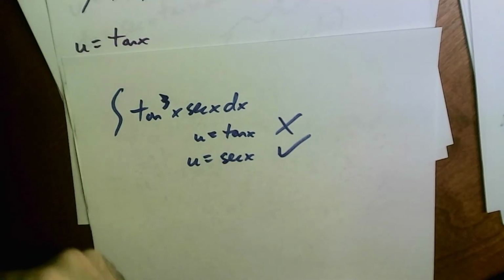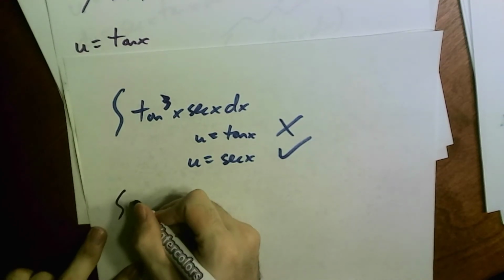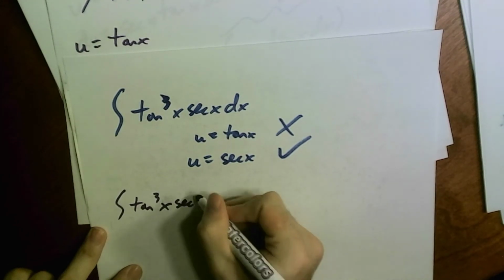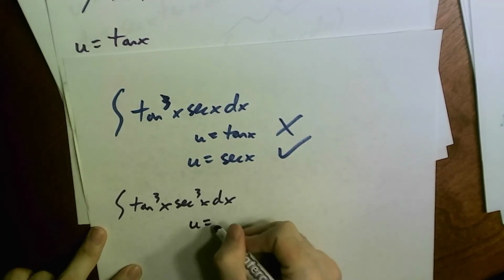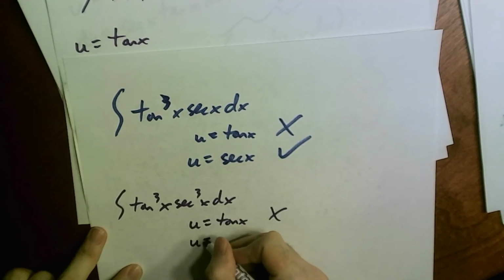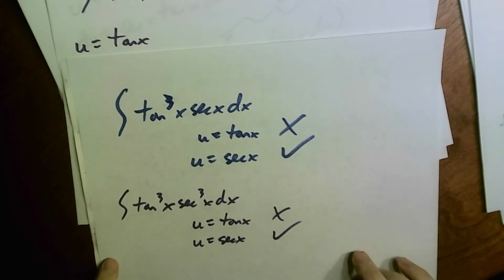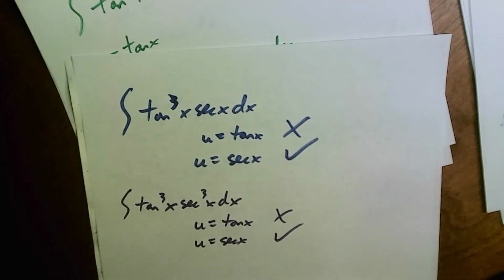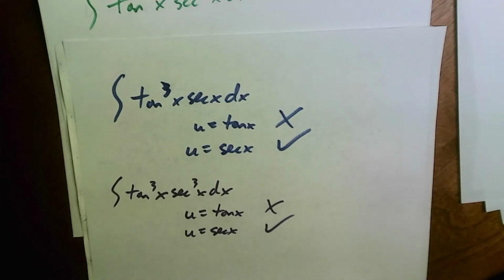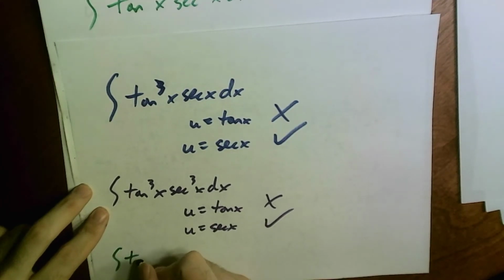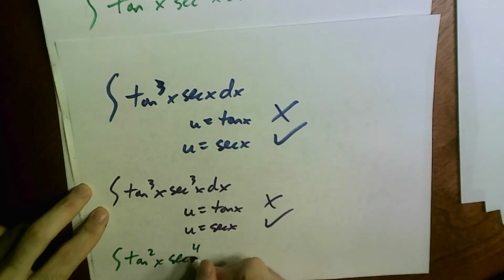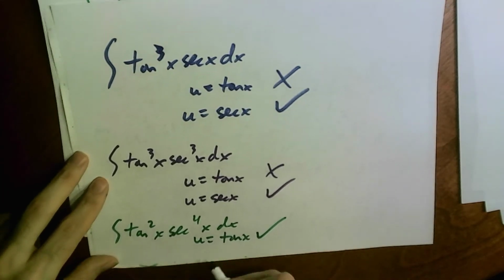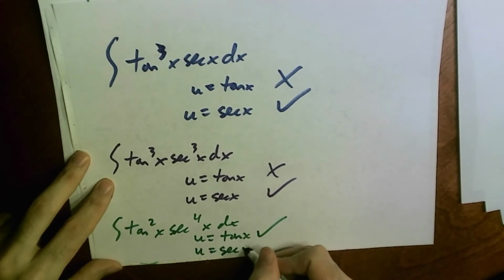Our next example was the integral of tangent cubed x secant cubed x, and we tried a u sub of tangent, and that was bad, and we tried a u sub of secant, and that was good. And finally, we tried the integral of tangent squared of x secant to the 4th x dx. We found that the u sub of tangent was good, and the u sub of secant was bad.